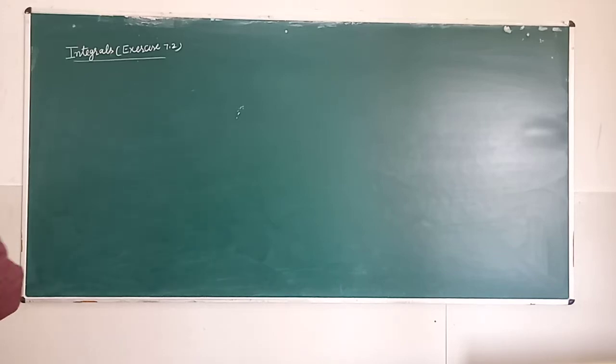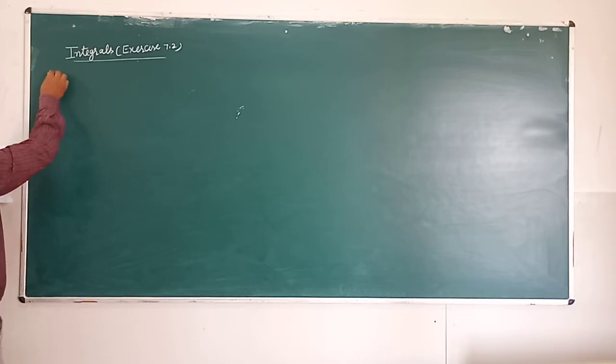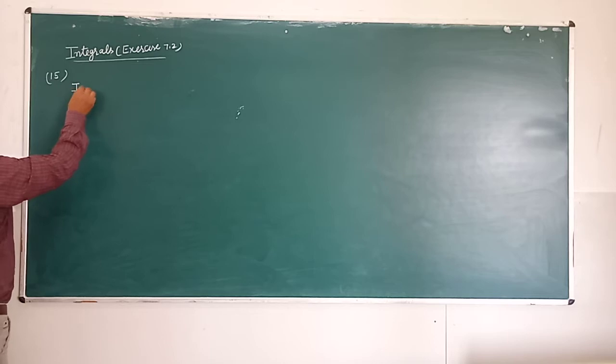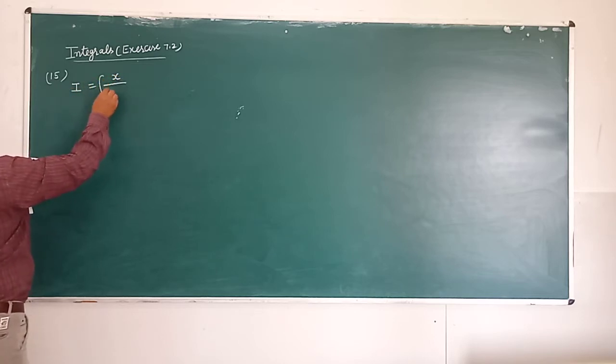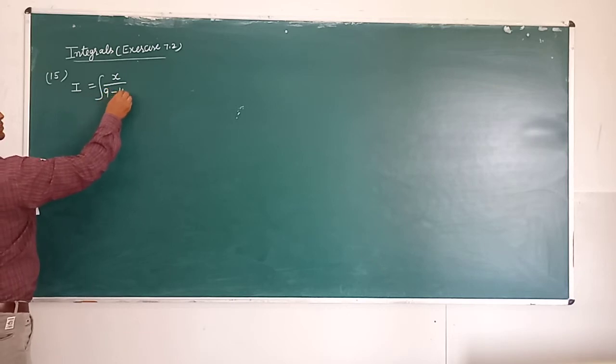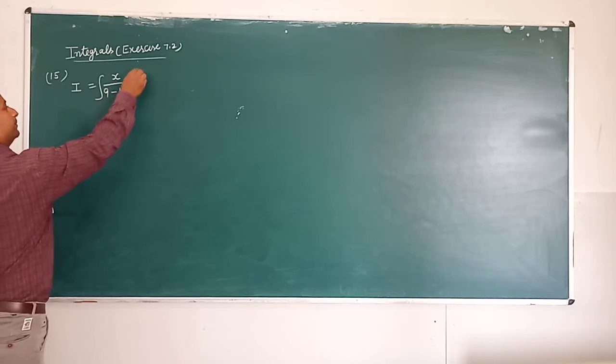Good morning students. Today we will discuss the remaining questions of chapter number 7, indefinite integrals, in which question number 15 is I equals x upon 9 minus 4x square.